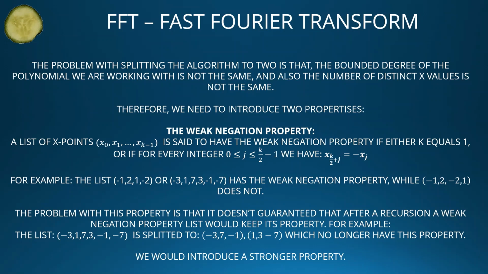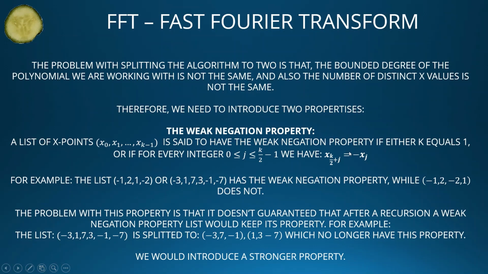Therefore, we need to introduce two properties. The weak negation property. A list of x points, x0, x1, all the way to xk-1, is said to have the weak negation property if either k equals 1 or if for every integer j between 0 and k/2 - 1 we have the following.